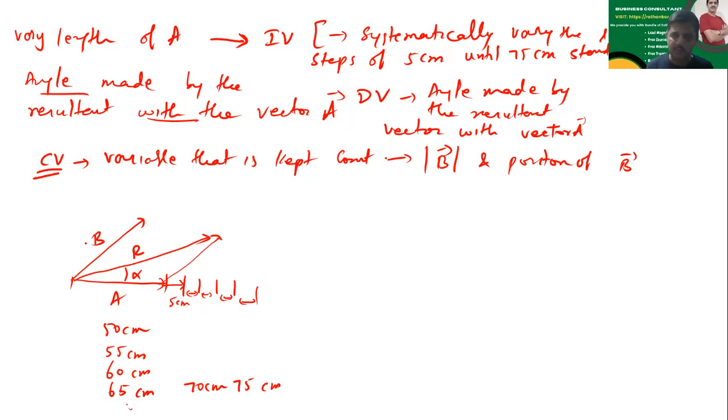Now how am I going to keep it constant? Initially, I will consider that vector B is perpendicular to vector A. Why perpendicular? You can ask me that.